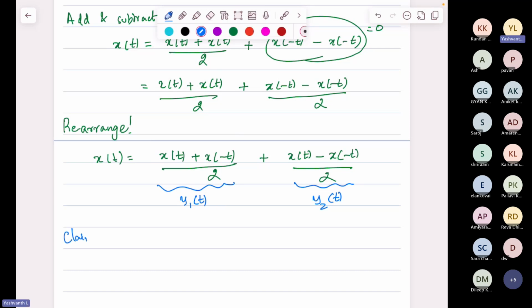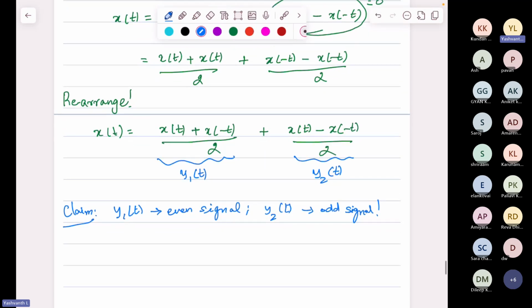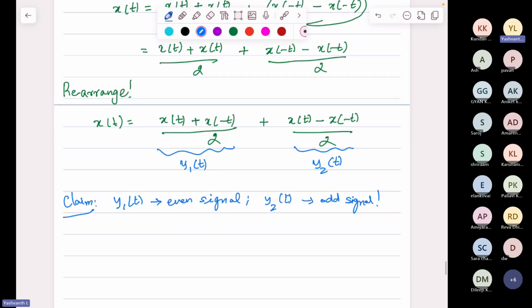Claim: y1 of t is an even signal and y2 of t is an odd signal. This is very easy to verify. If I want to prove an even signal, use the definition. Let's compute y1 of minus t.